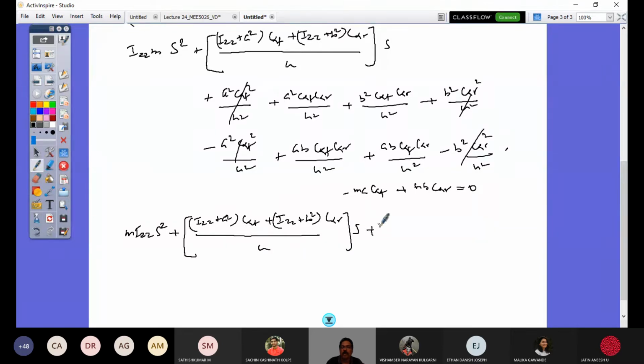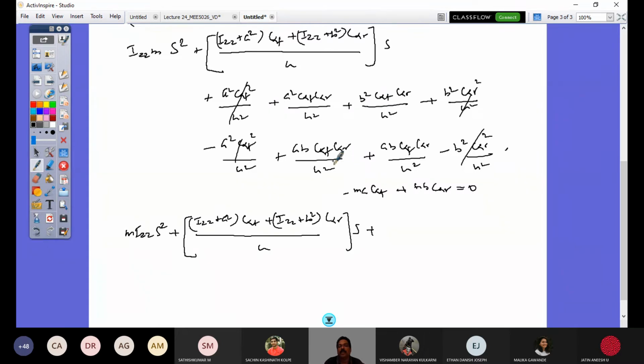Plus, now you see here I have a squared, b squared terms, and here a b, so this is 2ab. You can see in all these terms, the product of the lateral stiffness C alpha F and C alpha R by u squared is common. If I take that out, it's going to be a squared plus b squared plus 2ab.